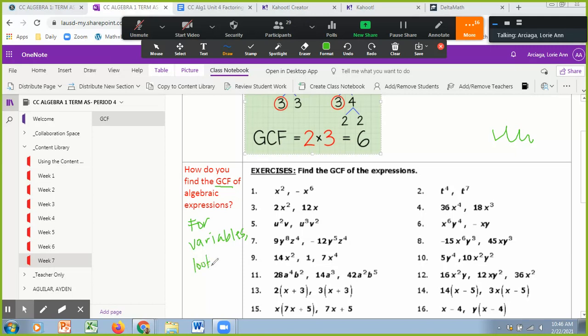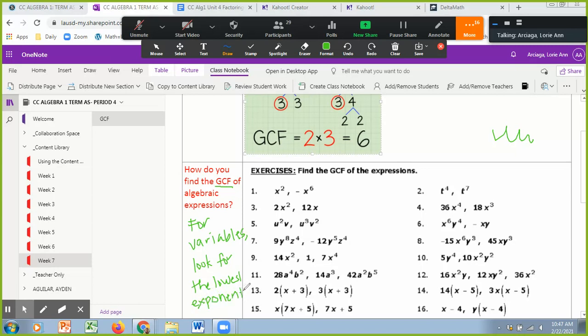So look for the lowest common exponent. Pardon my handwriting today.